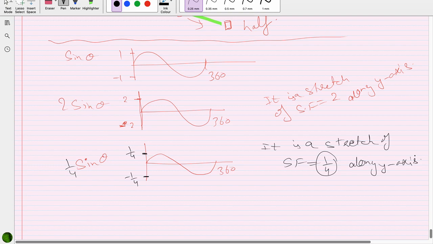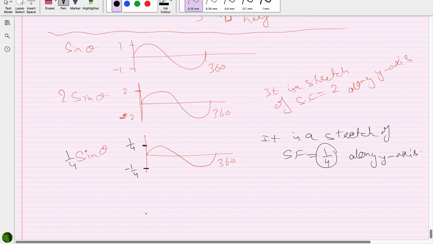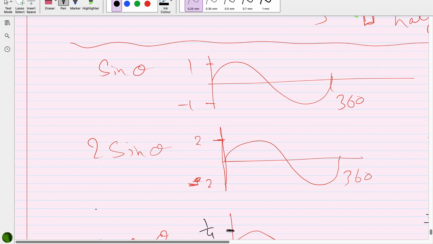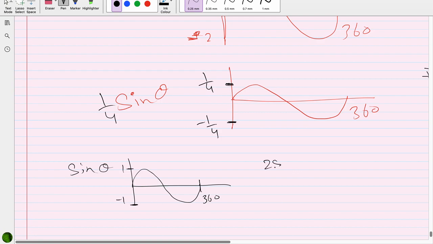Now we've shifted it with x alone, with y alone. Now let's disturb it in both ways. So let's say the original graph was sine theta, ending at 360, lying between 1 and -1, and the new graph is 3 sine 2 theta, just to make the difference between these two.